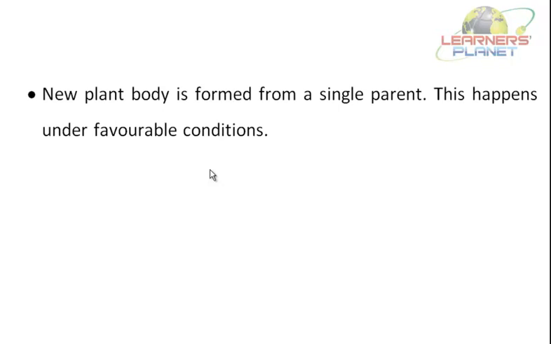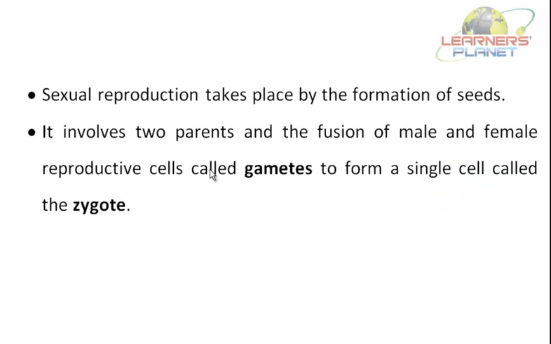While on the other side, sexual reproduction takes place by the formation of seeds, and it involves two parents and the fusion of male and female reproductive cells called gametes to form a single cell called the zygote. So this happens in sexual reproduction.